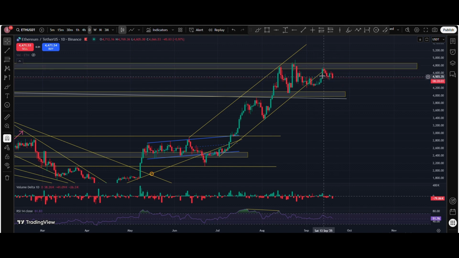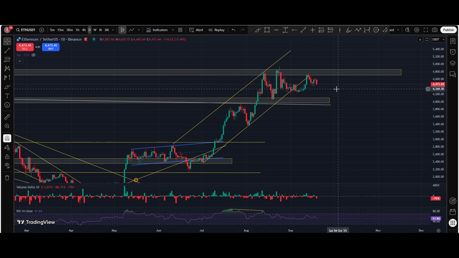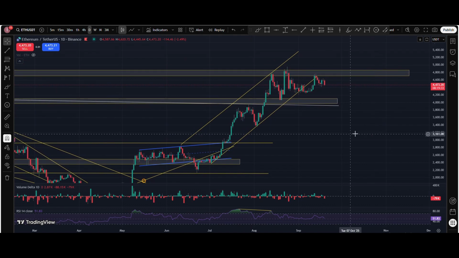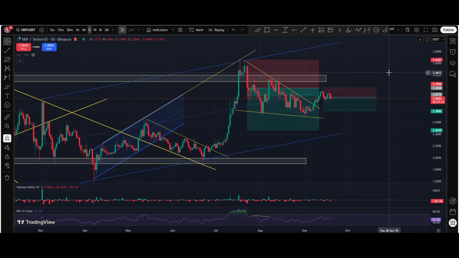I have a short position on ETH, and I got profit in this area, at the 4,200 and 4,300 values. I closed my trade, and so next we move to the XRP chart.